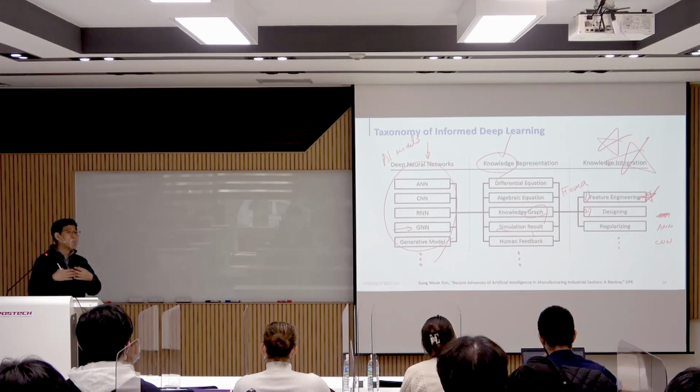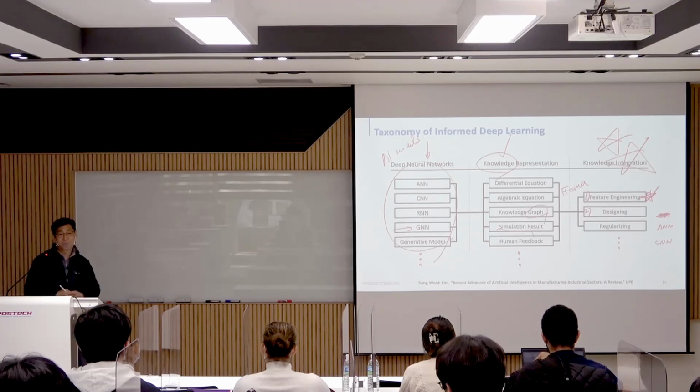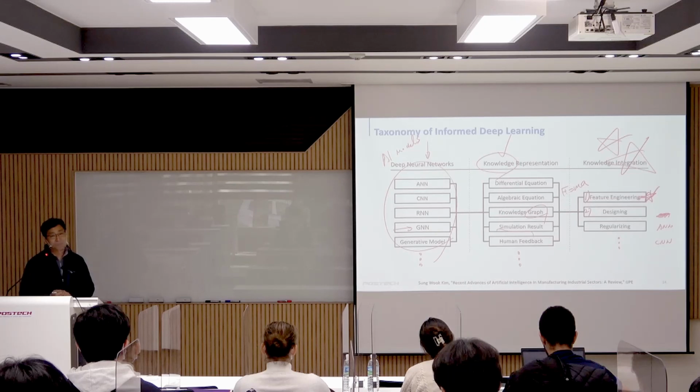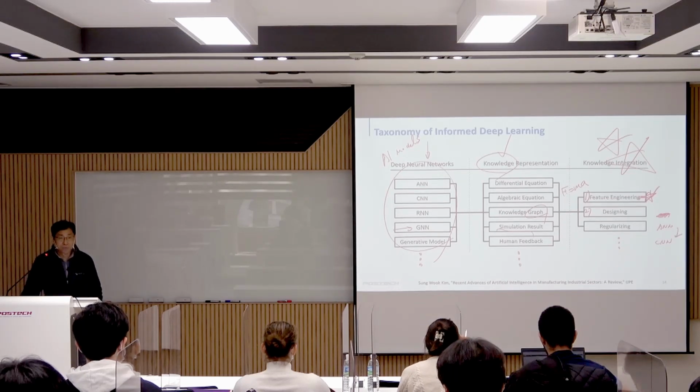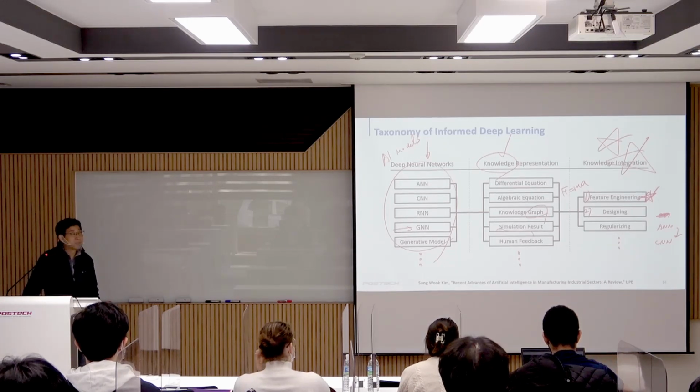Because you know that you are dealing with input which is a type of image or matrix or tensor. That's the knowledge that you have. So you're going to change the structure of your deep learning model. So that's the designing part.